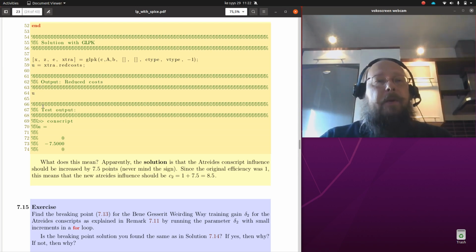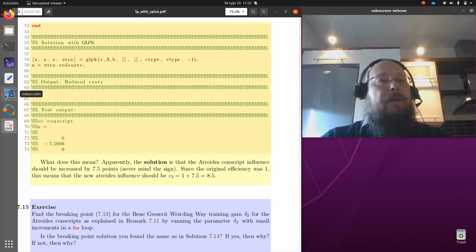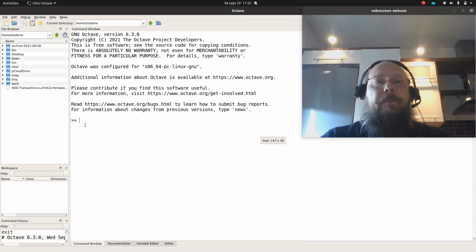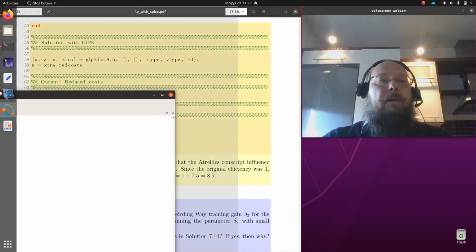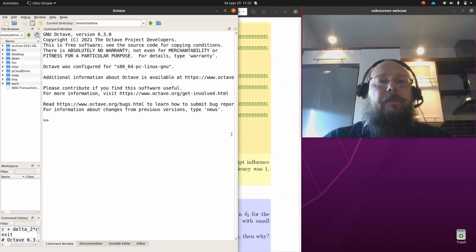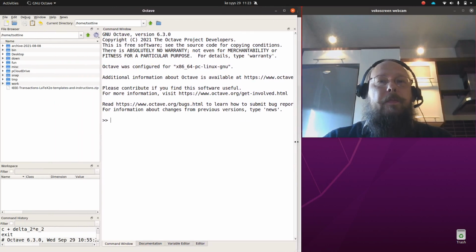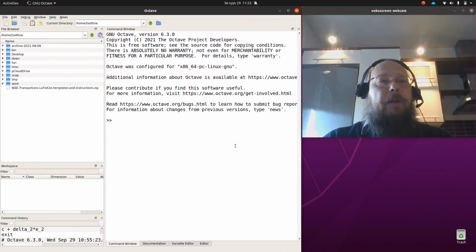Indeed, if you do this with Octave, well, we haven't used Octave for a while, so let's do it. I start Octave. Let me try to make the window so that it's not behind my camera view. Okay, here it is.